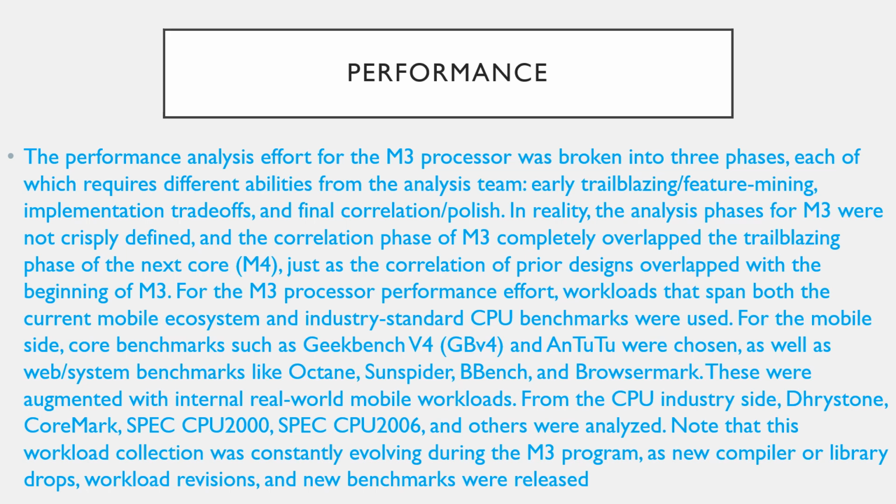These were augmented with internal real-world mobile workloads. From the CPU industry side, Dhrystone, CoreMark, SPEC CPU2000, SPEC CPU2006, and others were analyzed. Note that this workload collection was constantly evolving during the M3 program as new compiler or library drops, workload revisions, and new benchmarks were released.